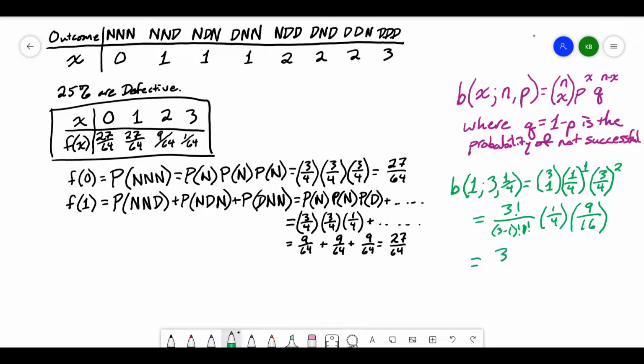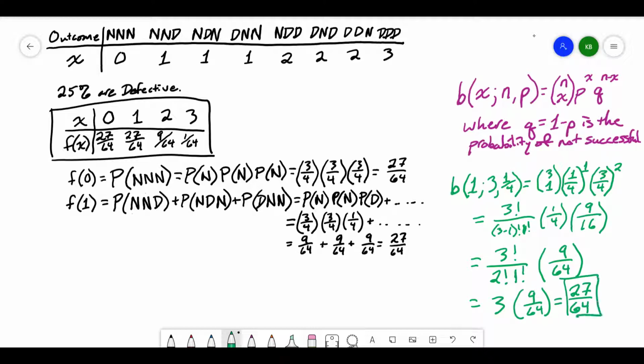This is going to equal 3 factorial divided by 2 factorial times 1 factorial, times 9/64. 1 factorial is just 1. So this is 3 factorial divided by 2 factorial, which is just 3, times 9/64, which will give me my 27/64.